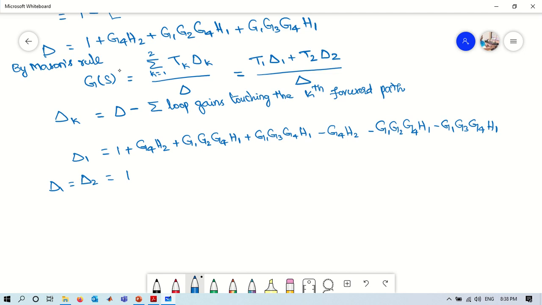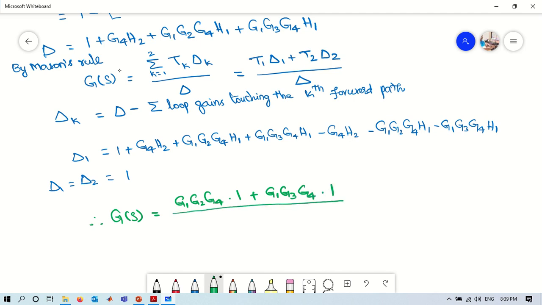Therefore G of S is equal to, T1 is the gain of the first forward path, which I am going to write as G1 G2 G4 into delta 1, which is 1, plus T2, which is G1 G3 G4 into delta 2, which is 1, divided by delta.